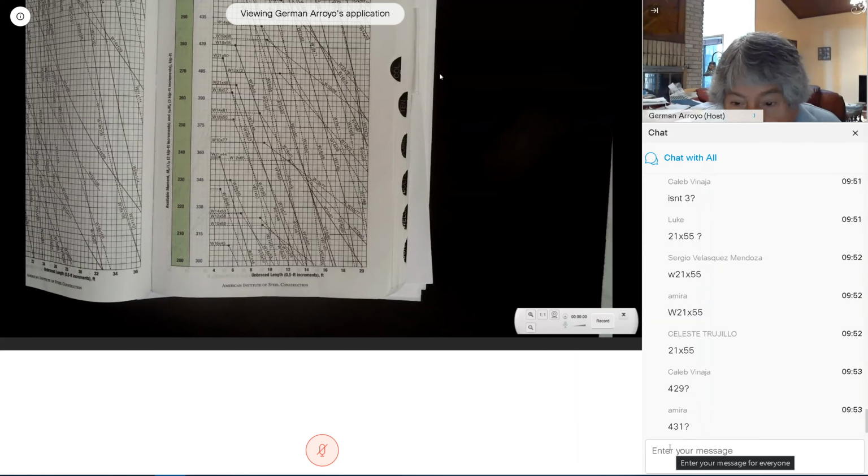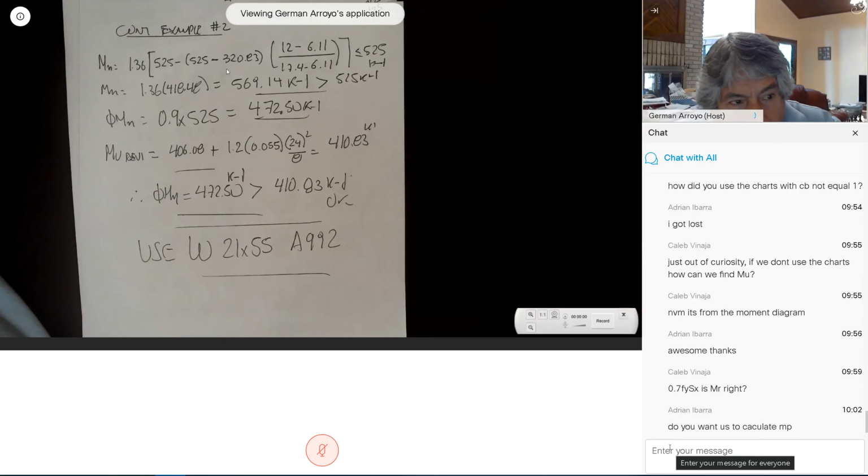M sub R, we computed. And this value L sub B, our bracing length. This is L sub P, always smaller. This is L sub R, and this is L sub P. And it has to be smaller or equal to M sub P.